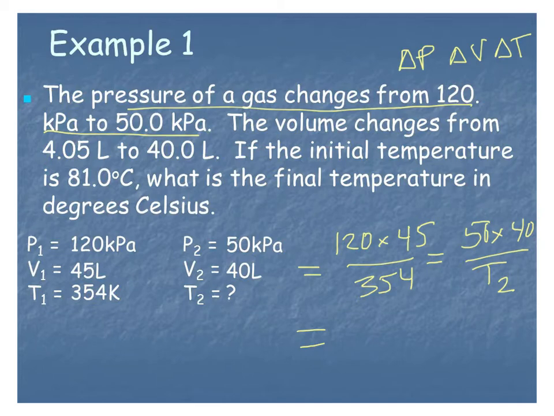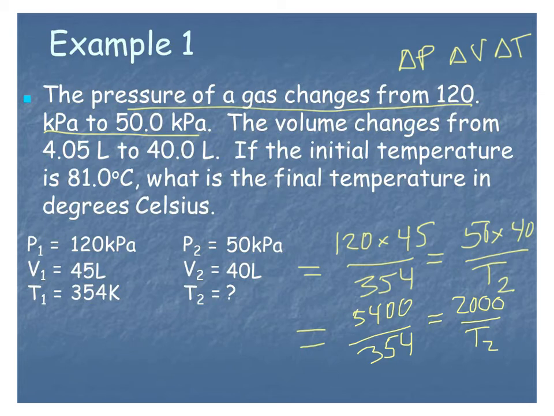Okay, we haven't had the answer yet here, so let's just do the math real quick. 120 times 45 is about 4,500 plus 90, so that'll be 5,400, divided by 354, and that's going to be equal to 2,000 divided by T2.